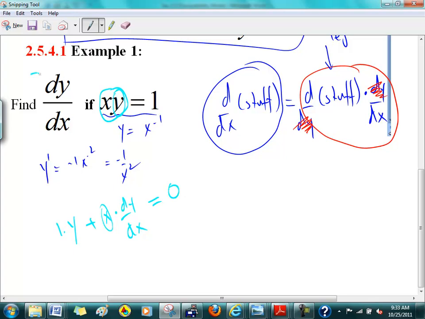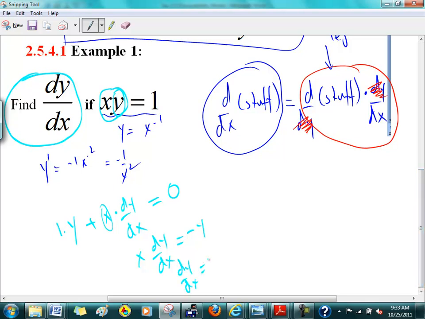What do I want to do? What do you think I should do now? Plug what in where? Exactly. Move what where? So leave this alone like this, you mean? And move the y over? So it becomes negative y. Now what?